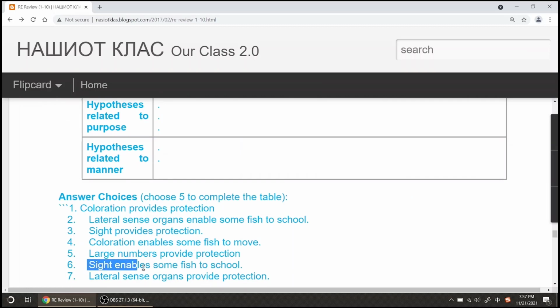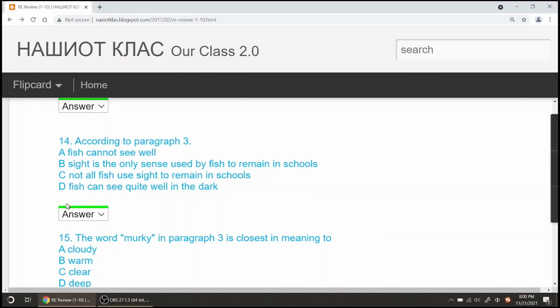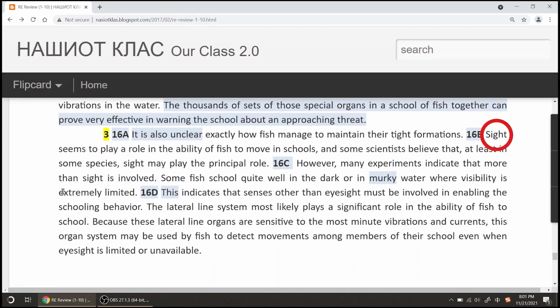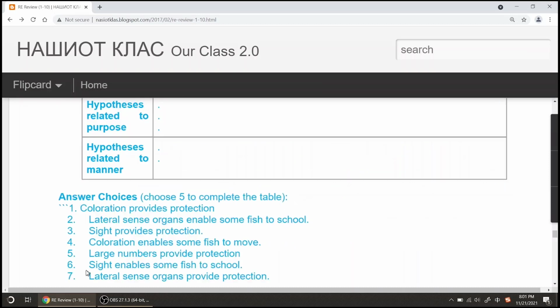Number 6, sight enables fish to school. I'm not sure about this, but question 14 is related to sight. I know there's some information about sight in paragraph 3. We could put a question mark here. Number 7, lateral sense organs provide protection. It's very similar to number 2. Sometimes similar answer choices indicate one of them may be wrong.